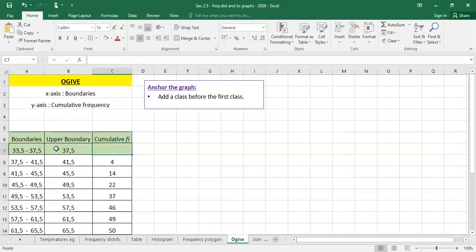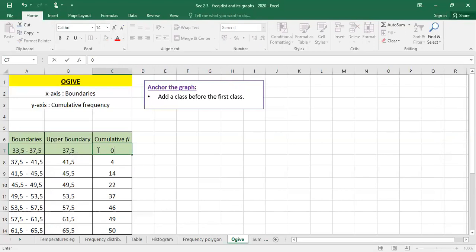In this class, remember the definition of a cumulative frequency. It says how many values are up to, or are smaller than or equal to, the upper boundary. So how many values are smaller than or equal to this? Well, we already know that the smallest one is in here, so there are none that are smaller than or equal to 37.5.